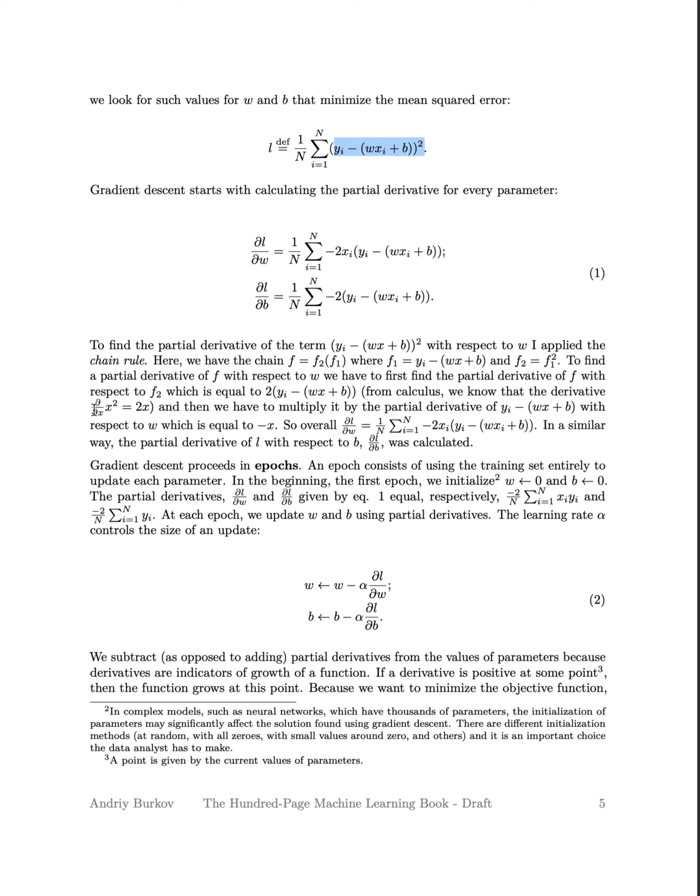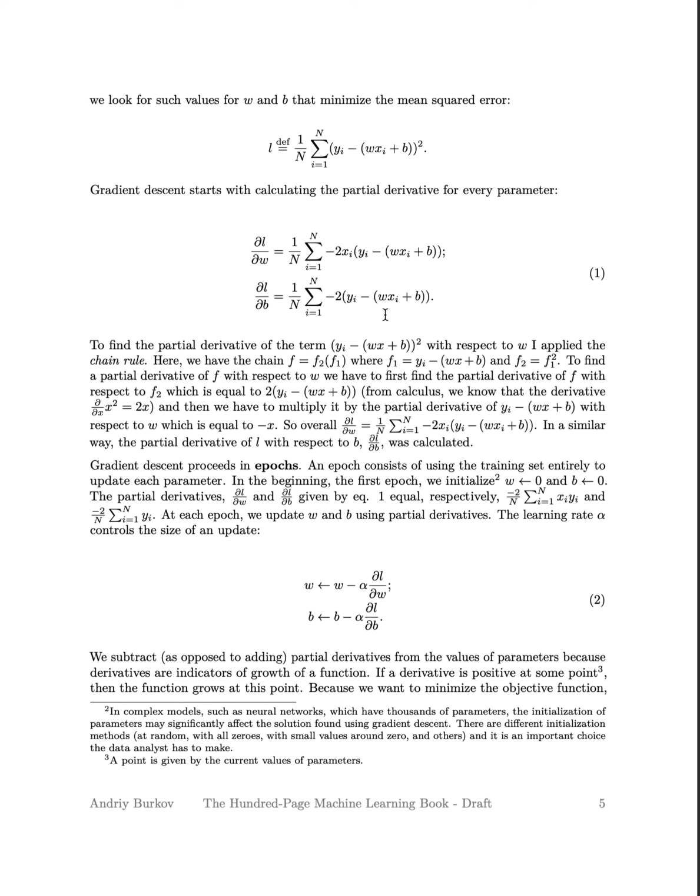Because we know the derivative of x squared in relation to x is 2x, right? And then we have to multiply it by the partial derivative of yi minus wx plus b with respect to w, right? Here we are taking b as a constant because we are taking a partial derivative, so b becomes 0, y is also a constant, so it also gets eliminated, w becomes 1 since it's a coefficient, and x remains as x, so minus x.